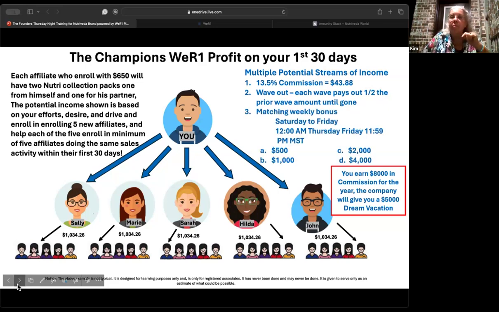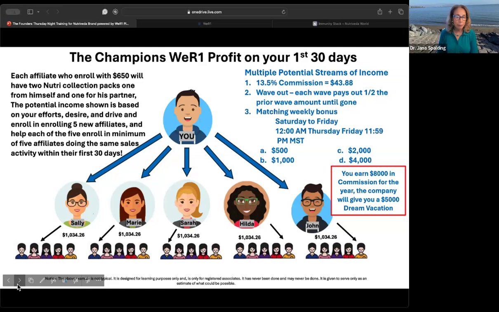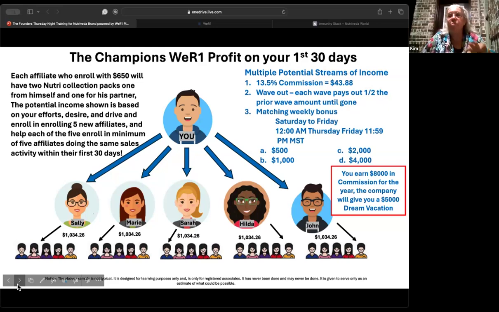Okay, number 3, matching weekly bonus. So I love this because what the company has done, the We Are One platform says, look, when you have earned $500 in commission in a 1-week period, and their week starts from right after midnight on Saturday to 11:49 on Friday, that 1 full week is how it starts and ends.